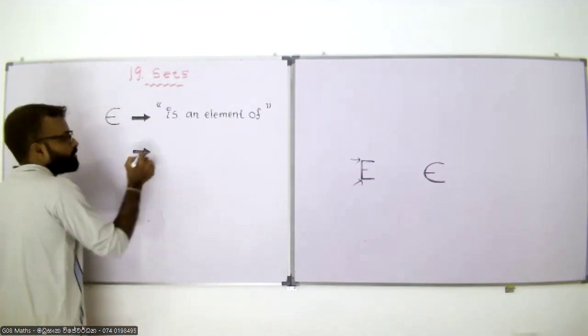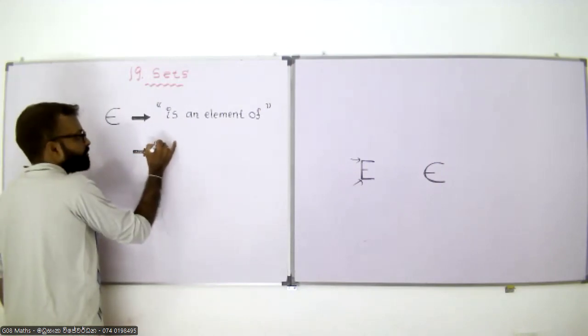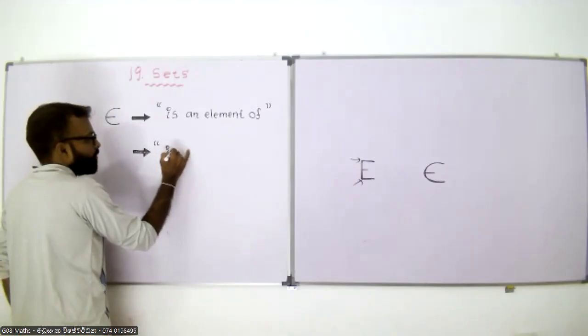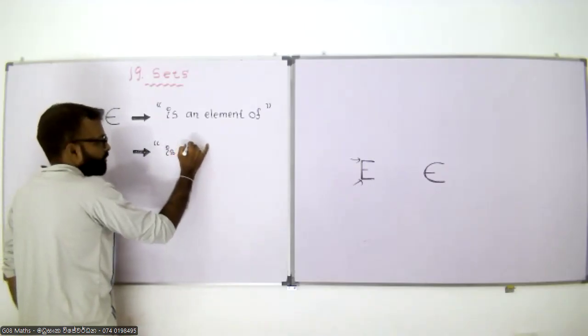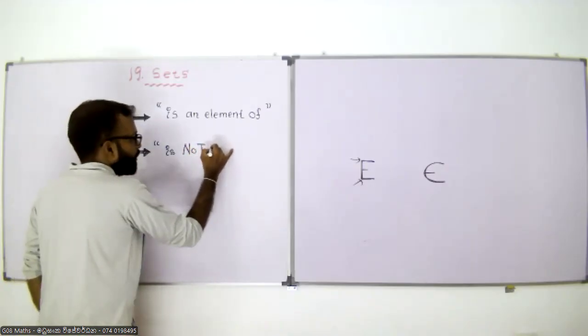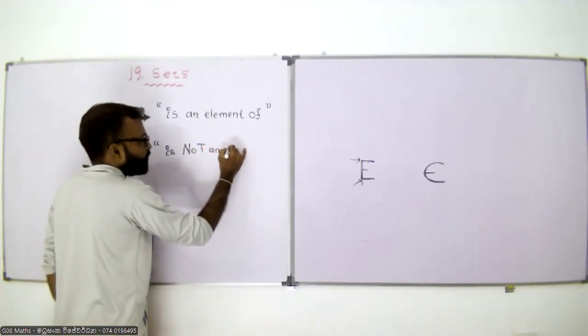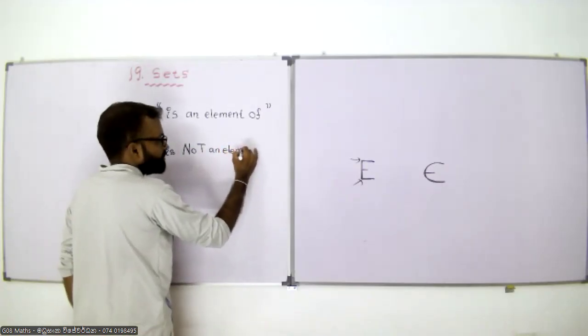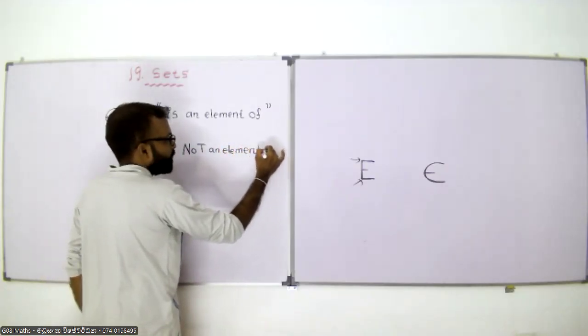I will write this one first: is not an element of. How are we going to represent this?